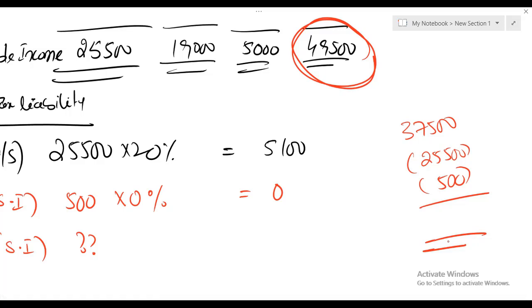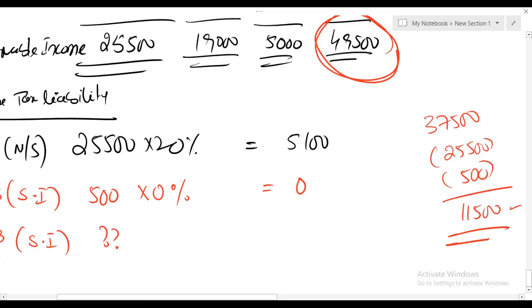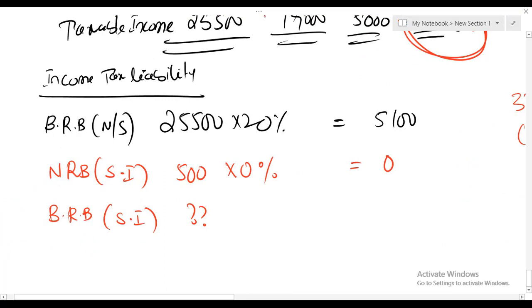Let me check. 11,500 is still left in basic rate band. I need to multiply this with 20%.